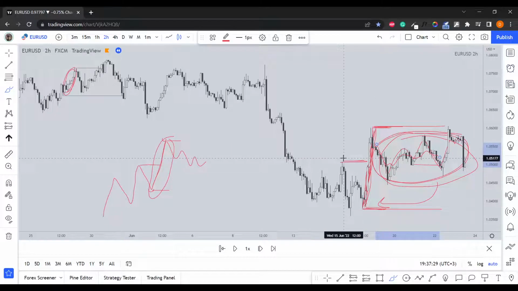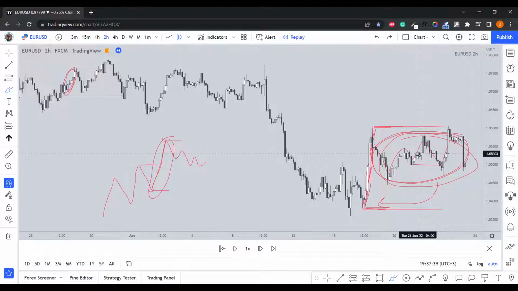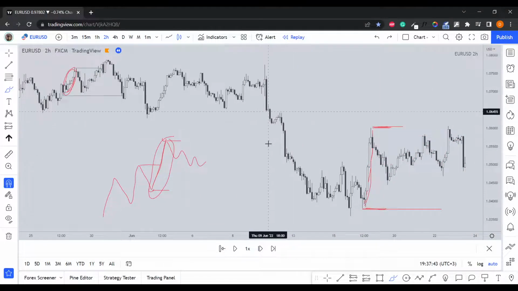And how do we know the break of structure was real? We will know it when we use the left to right rule. Then we will not be stuck in this inside structure. So this is what we want to follow.